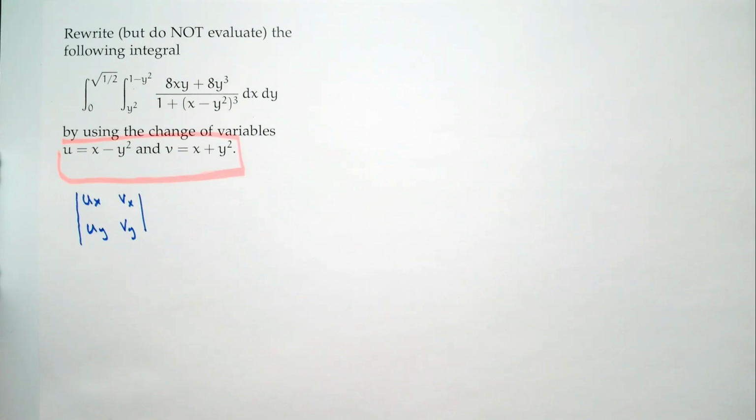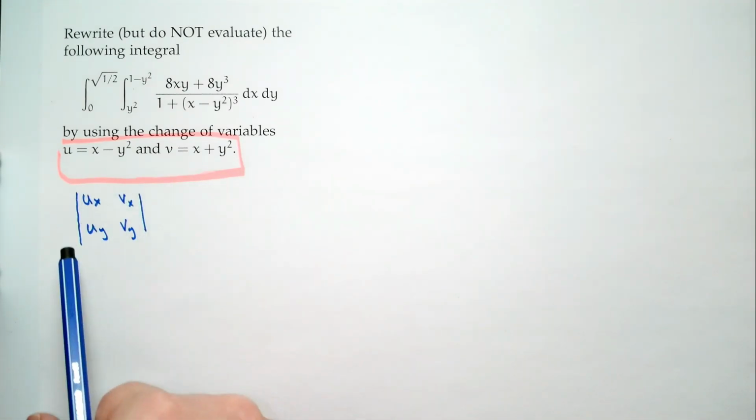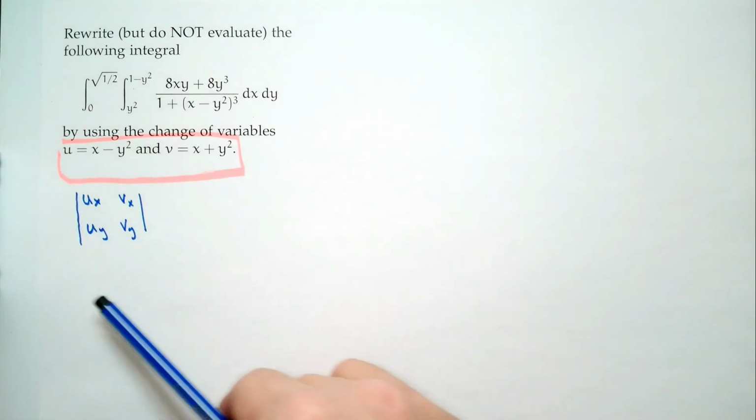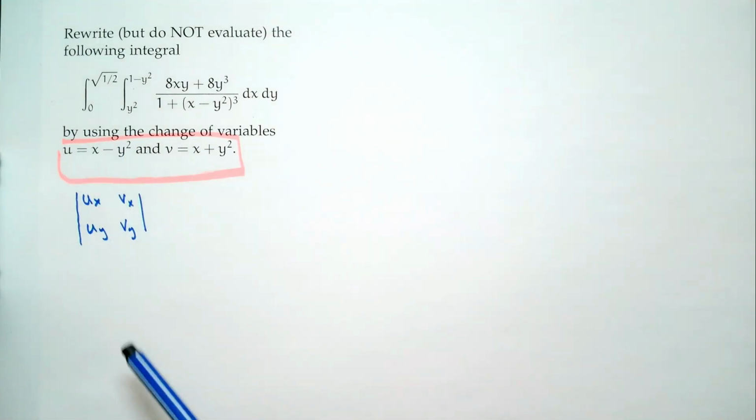If you write u sub x and u sub y in the first row and v sub x, v sub y in the second row, you'll still get the same thing. Don't fret too much about getting it exactly right, just be consistent. Here I have u's and v's in the columns and x's and y's in the rows, and as long as you have some consistency, it'll work out.